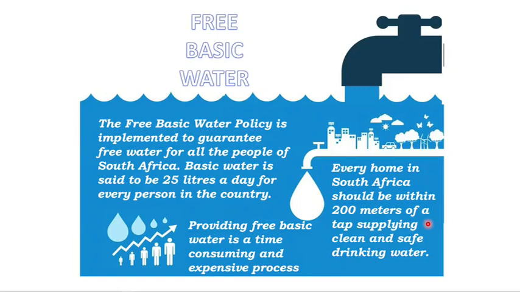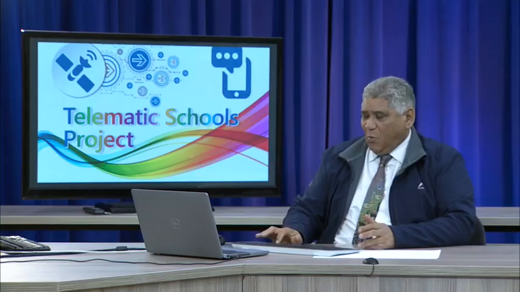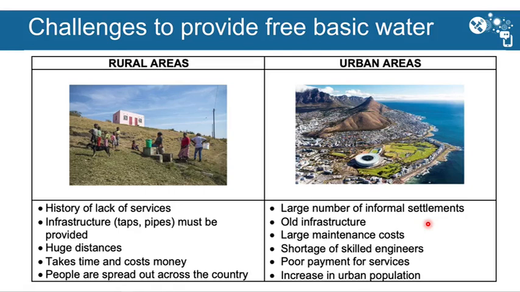Now, the problem is that providing free basic water is time-consuming, and it's a very, very expensive process. Why is that the case? Let us quickly have a look at the challenges to provide free basic water. You've got challenges in the rural areas, and you've got challenges in the urban areas.